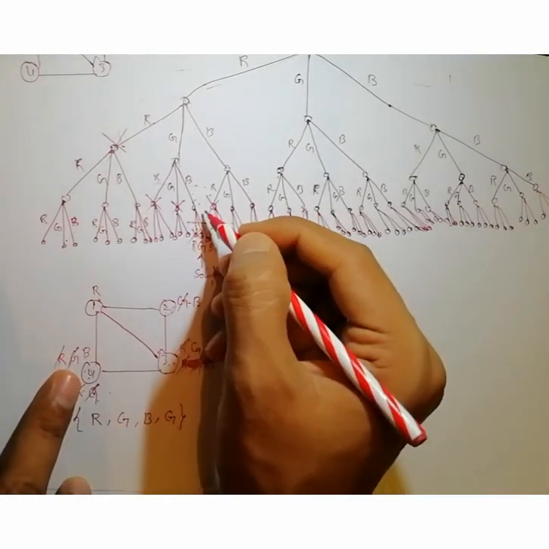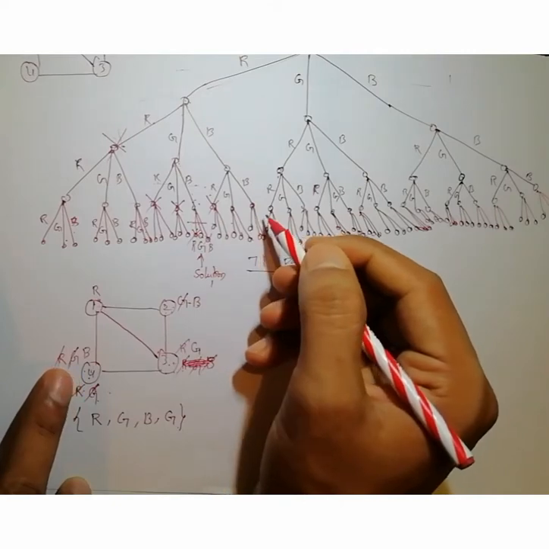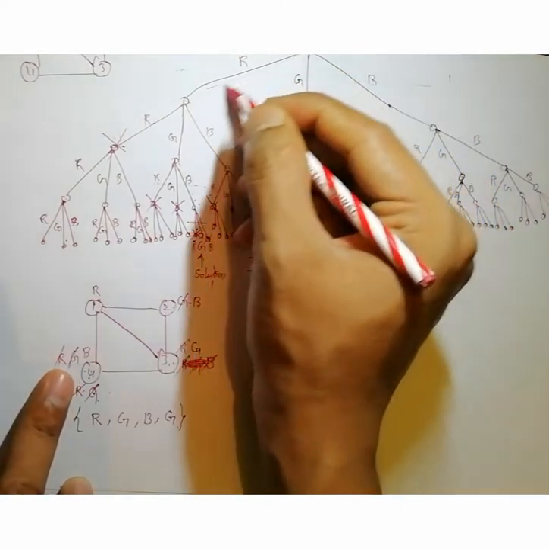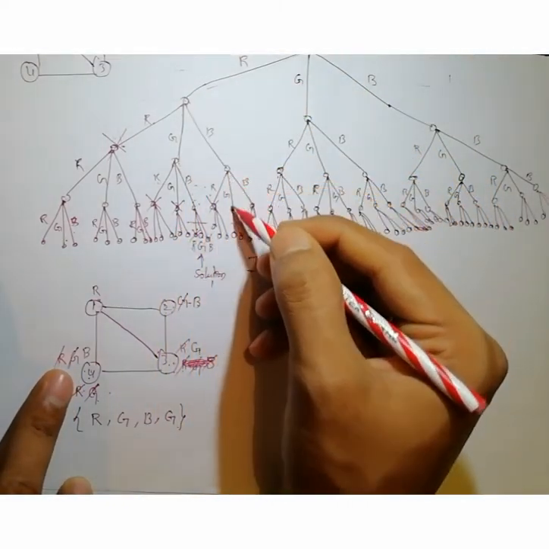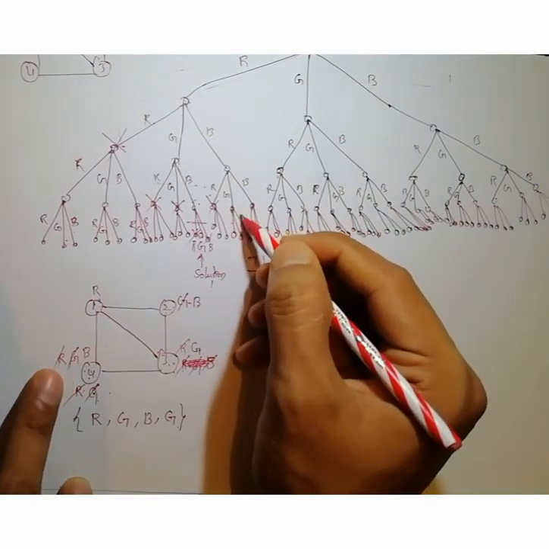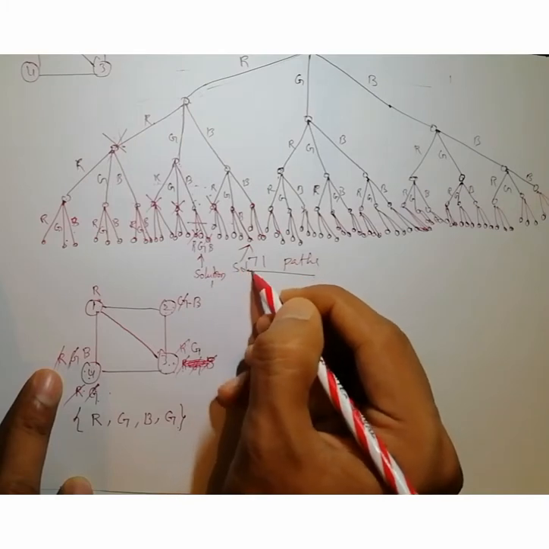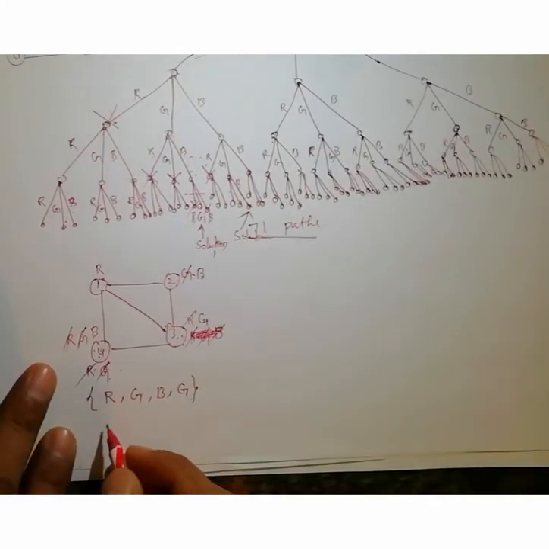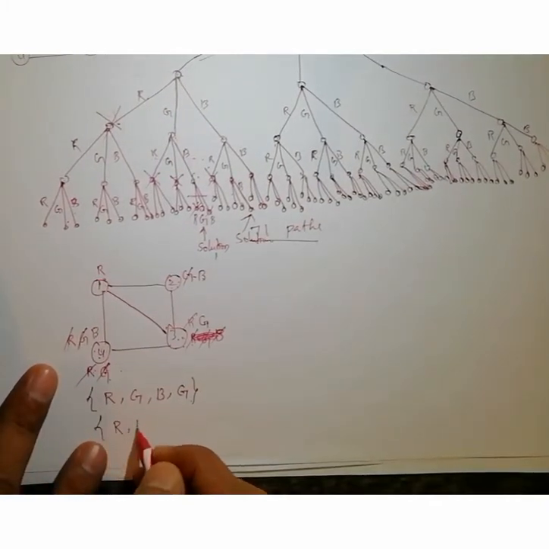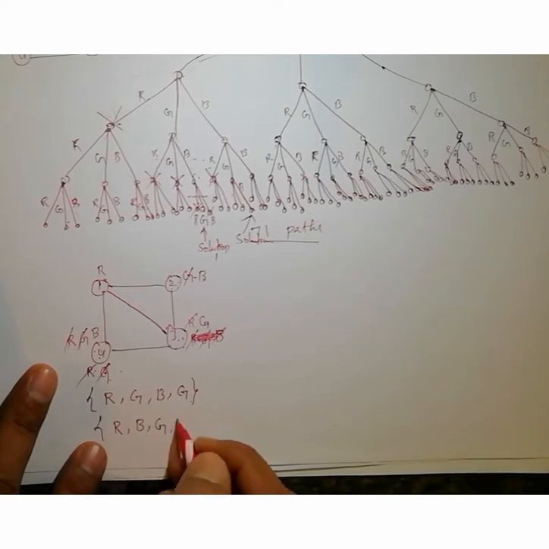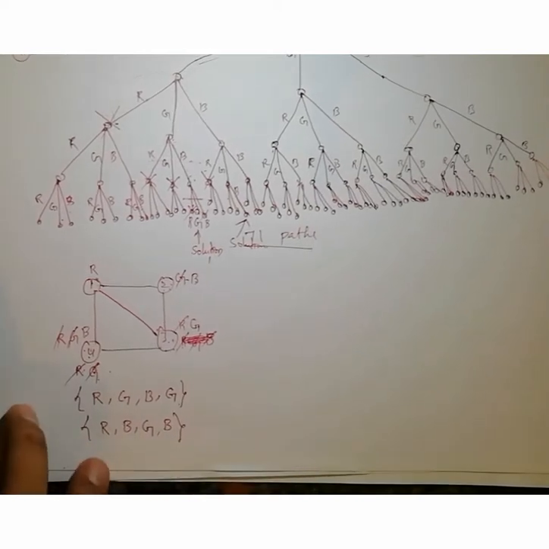So that means, so here, where is that? Yeah, R, B, G and B, this one. So this forms solution 2. So what is the second possibility now? Red color, blue color, green color, blue color. So this is one more possibility.